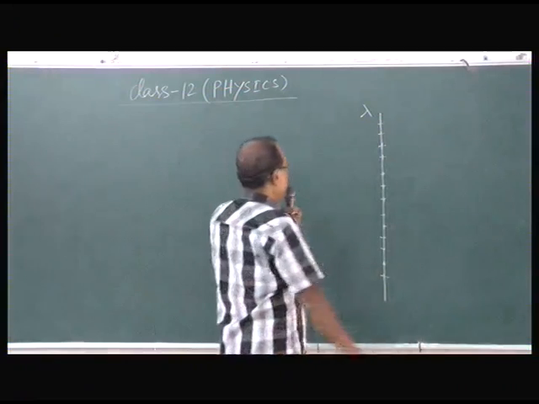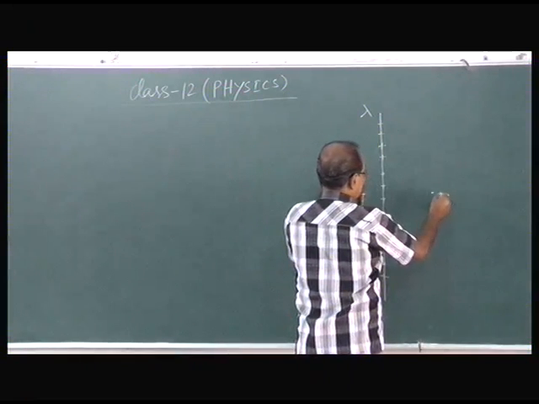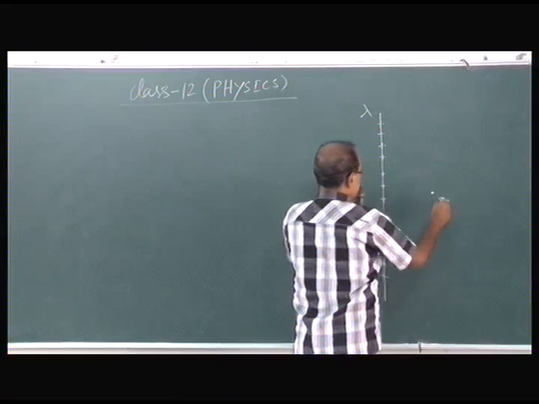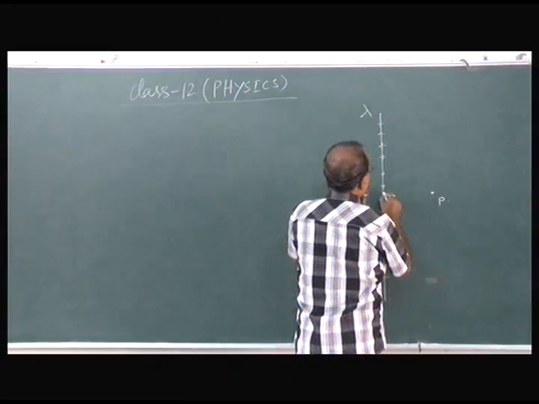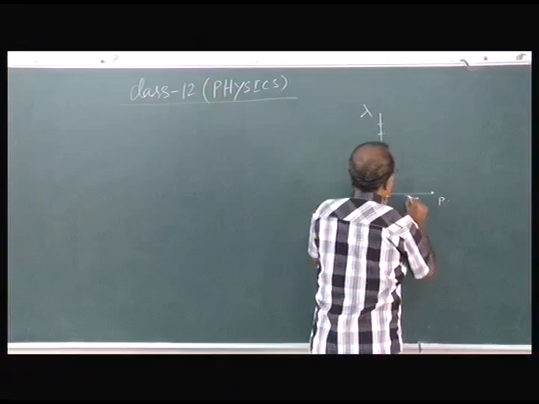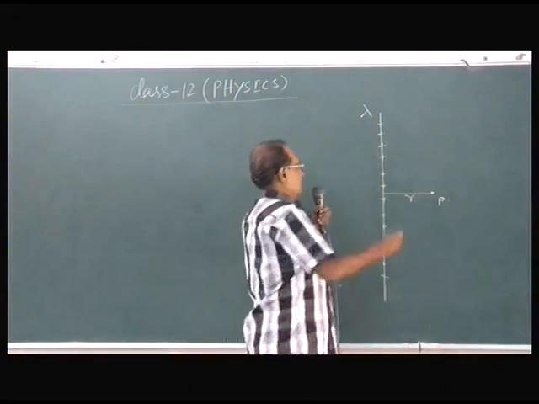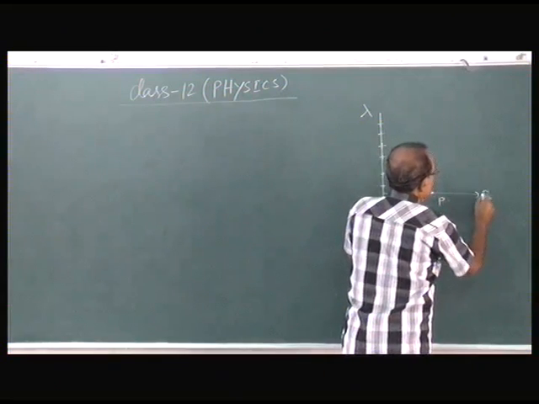Now we have to find the intensity at point P. The distance of P from the line charge is, say, R. Then the direction of intensity will be this one.